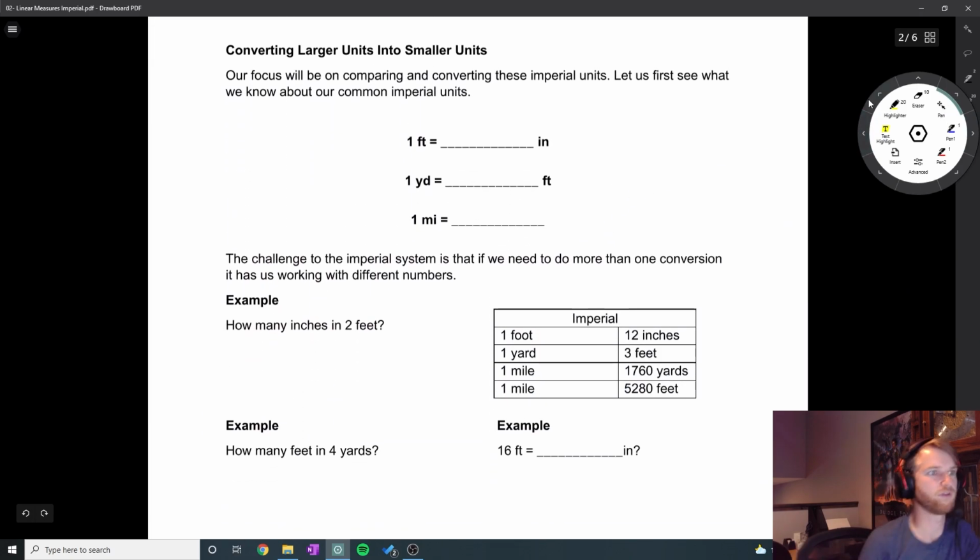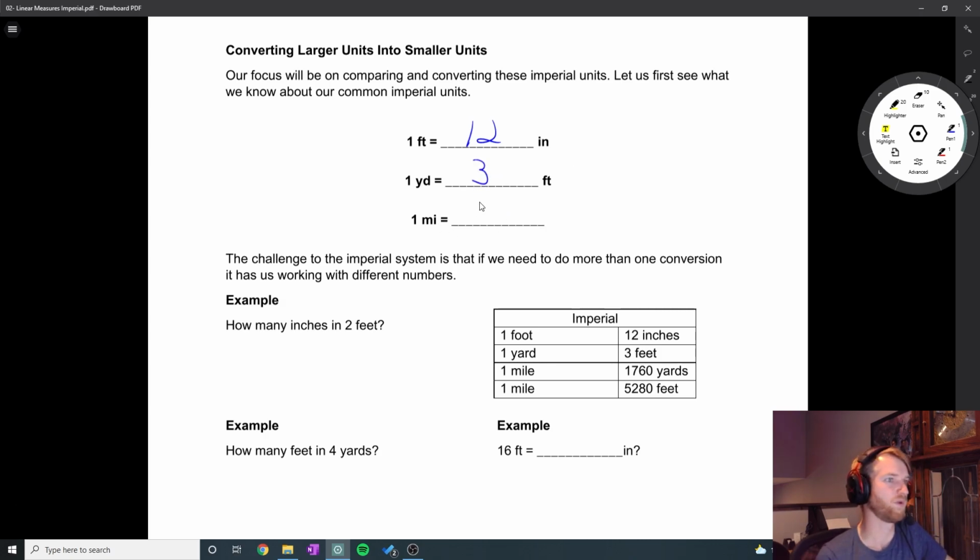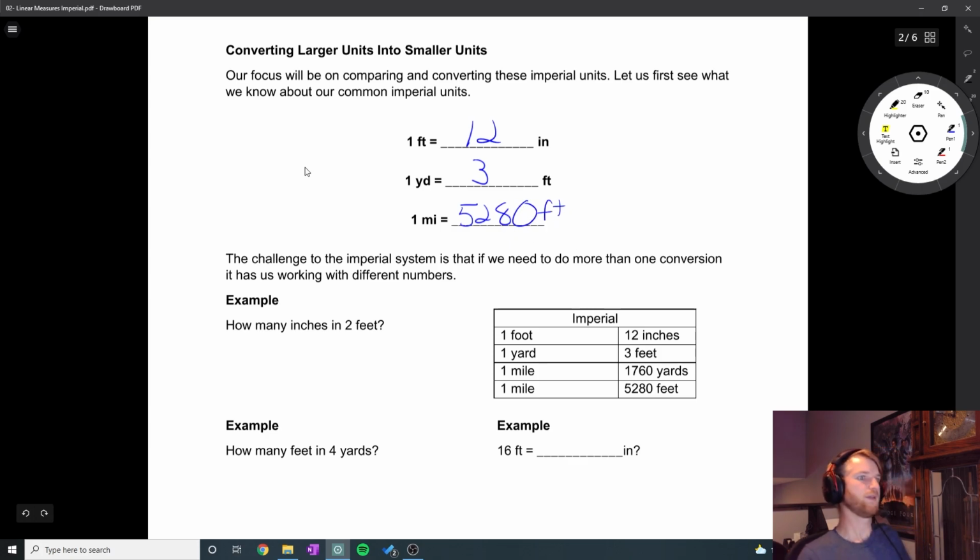As I already said, 1 foot is the same thing as saying 12 inches, and 1 yard is 3 feet. And 1 mile is 5,280 feet, which is just a nice, fun number.